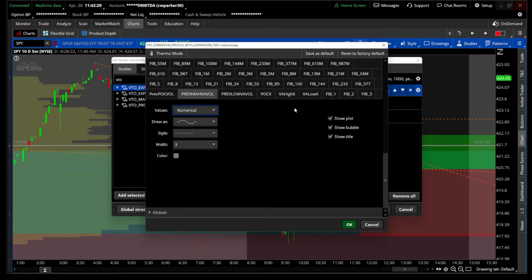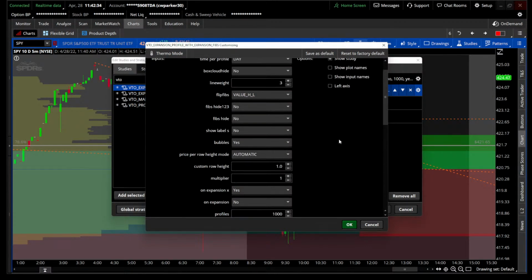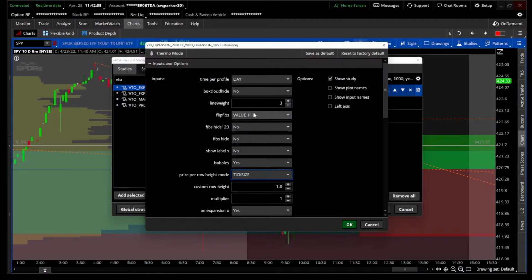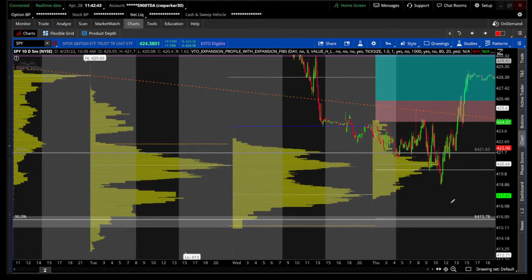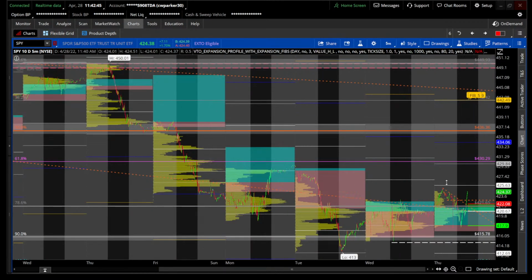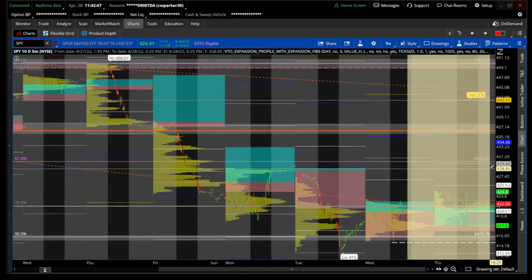I'm just going to cut off those, and I have it expanding tick size and expanding from the value area high and low. And right now it's just overlaying on top of each other.